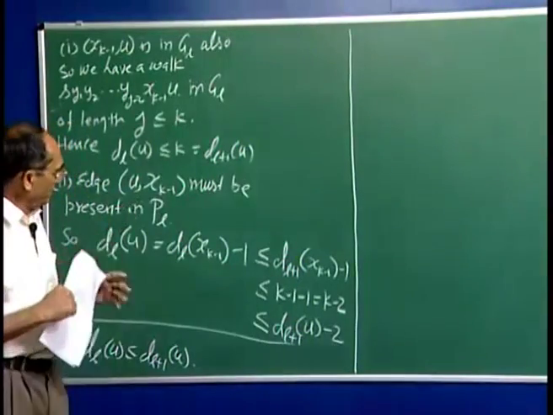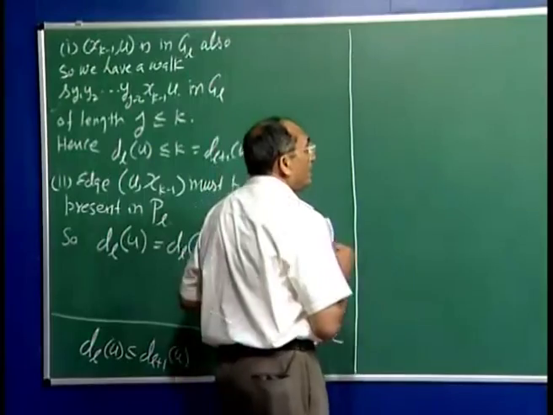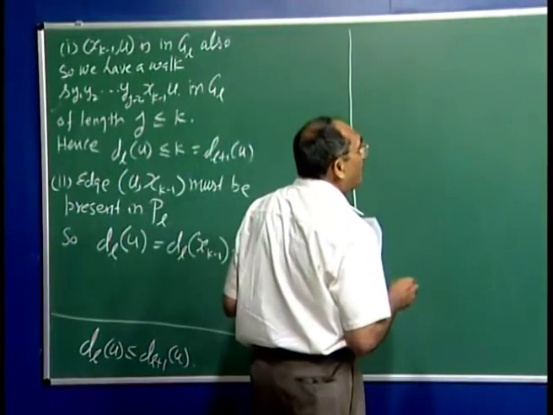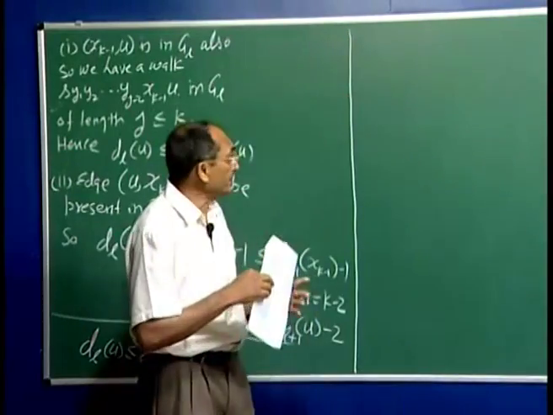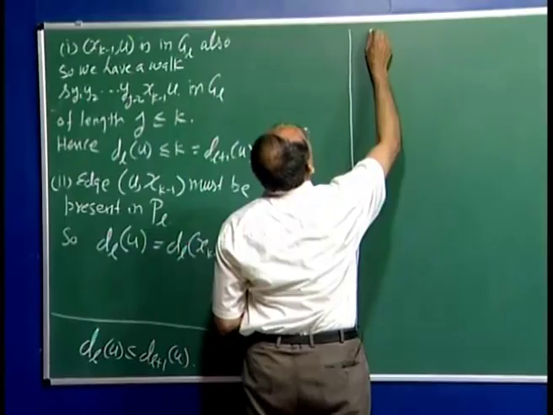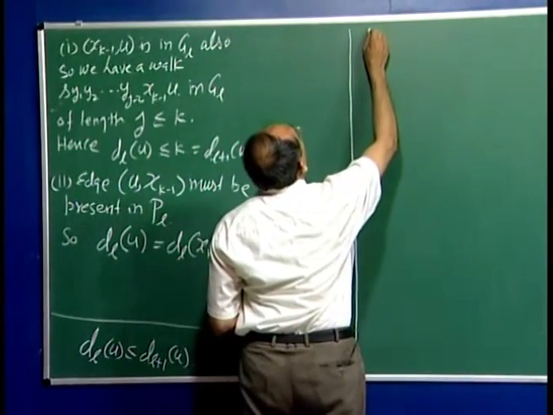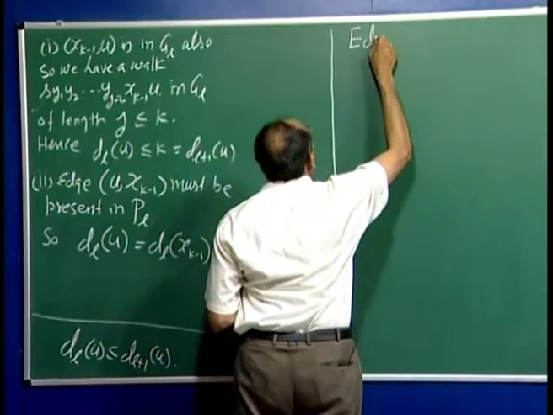Now, we will propose a modification or actually an addendum in the Ford-Fulkerson algorithm, which was originally proposed by Edmonds and Karp. So, it is known as the Edmonds-Karp algorithm.